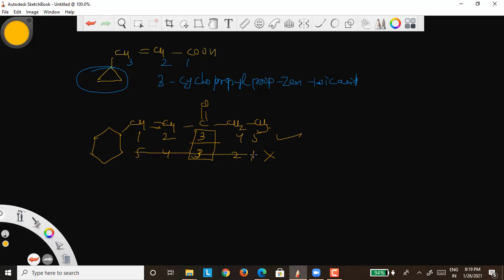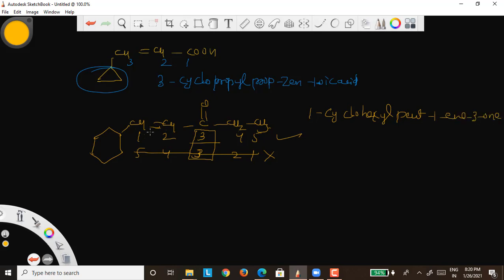So this is wrong. So if this is there, then what should be the name of this compound? In this compound, one cyclohexyl group is there. The chain contains the functional group, so the cyclic part will be a substituent as per the rule on the previous page. So 1-cyclohexyl, pent-1-en-3-one.